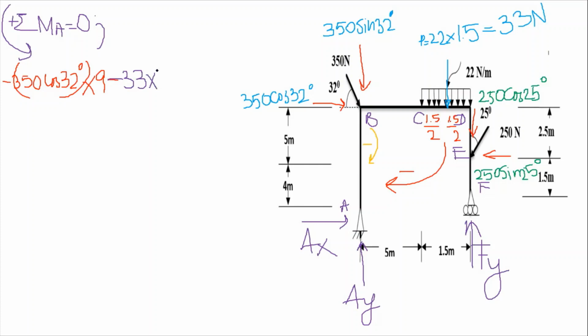So 1.5 divided by 2 plus 5 comes out to be 5.75.